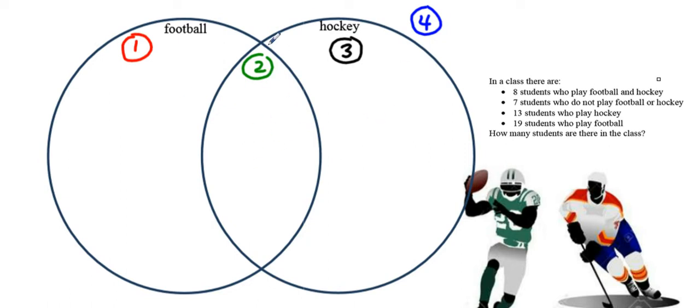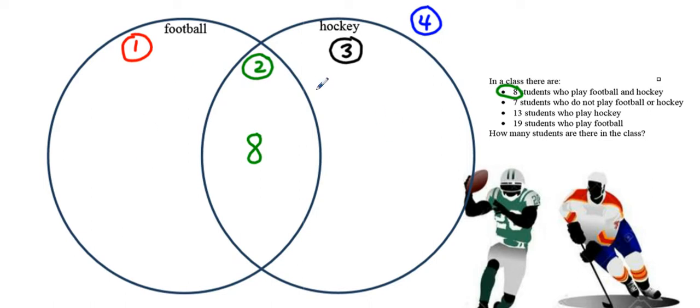So in section 2, this is the overlap of football and hockey. So in here are the people that play football and hockey. So that would be 8. So there's 8 people that go in section 2.